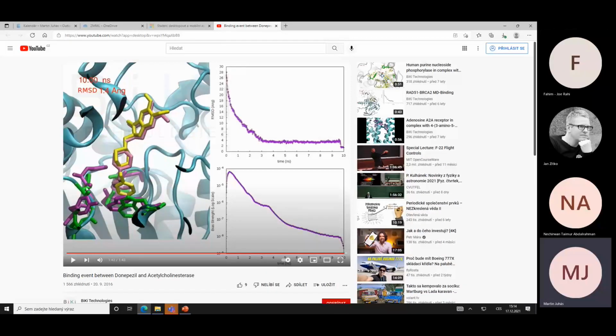The violet pinkish color is the molecule taken from the crystallographic database, and you can see that the RMSD value between the computationally and crystallographically obtained positions is around 1.4 angstrom, which is very close.